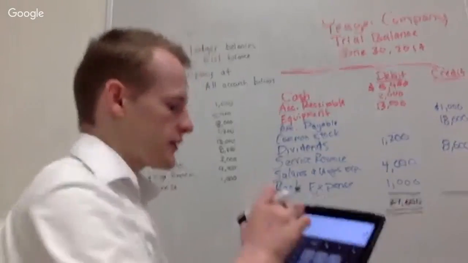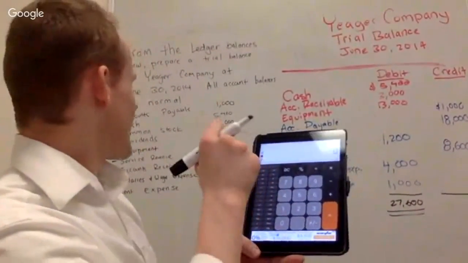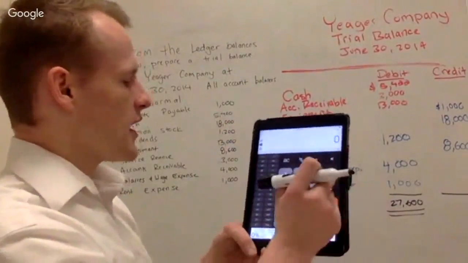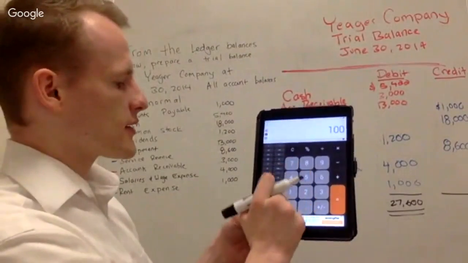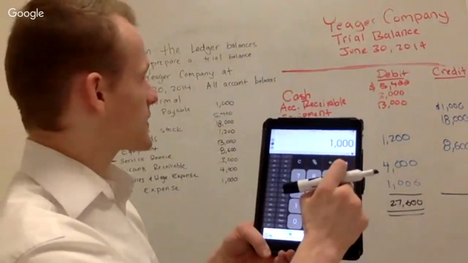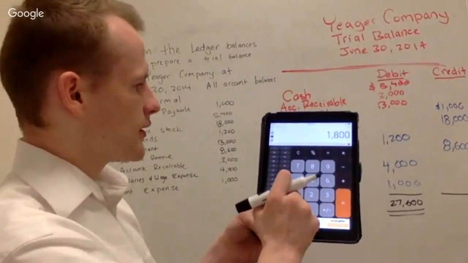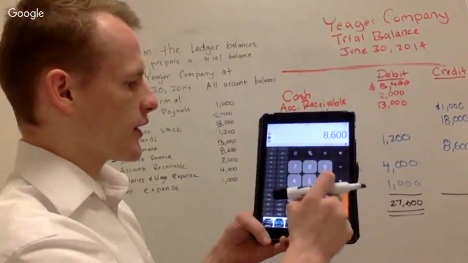Okay, now we come to the credit section, and if our math has been right and I've assigned the correct balances to the correct accounts, we should be in the clear. So on our credit section, we'll start at accounts payable, which will be 1,000, plus common stock, which is going to be 18,000, plus our service revenue at 8,600.